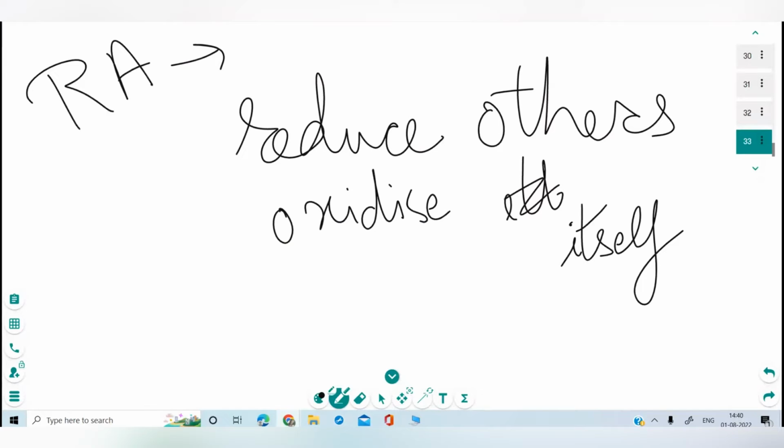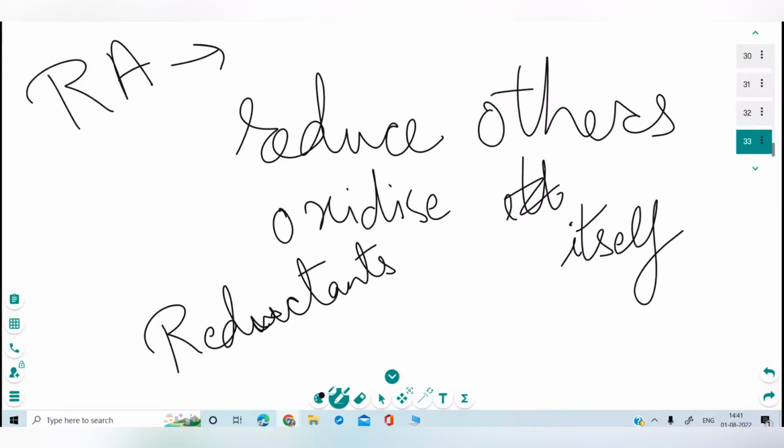So these reagents in which oxidation number is increasing or which undergoes loss of electrons are known as reductants. Examples are KI and Na2S2O3. So these are the two things.